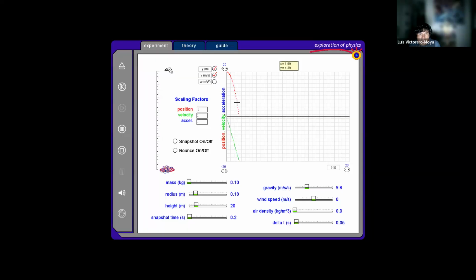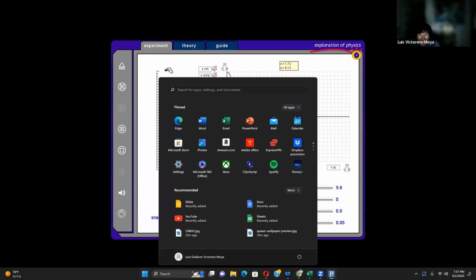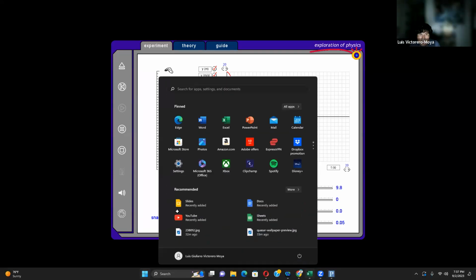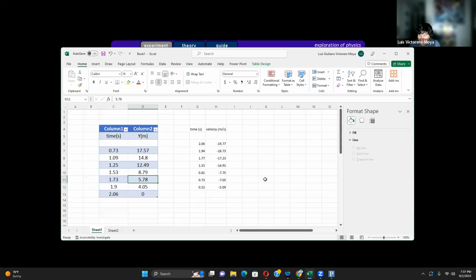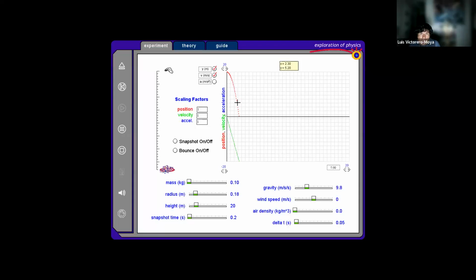1.73. So 1.73 is there. That's 6.13. 1.53.